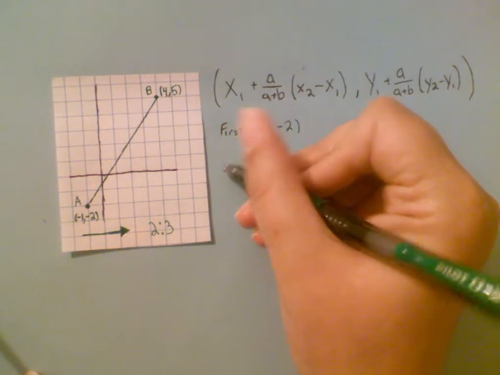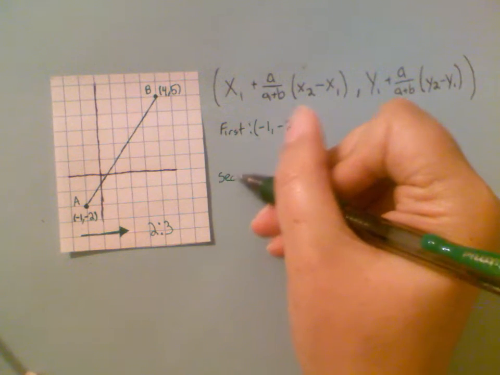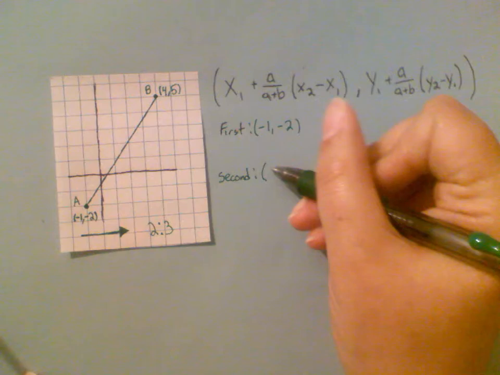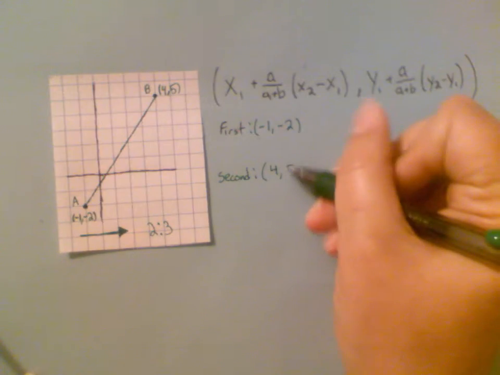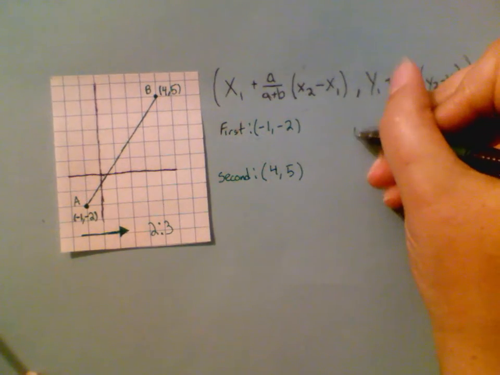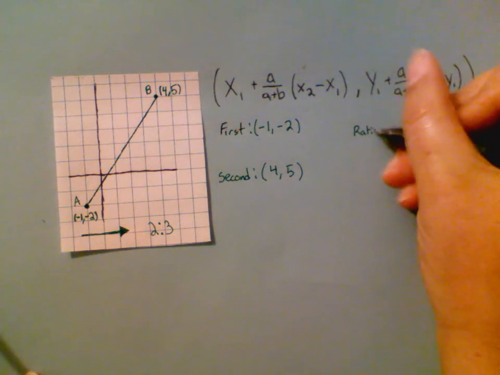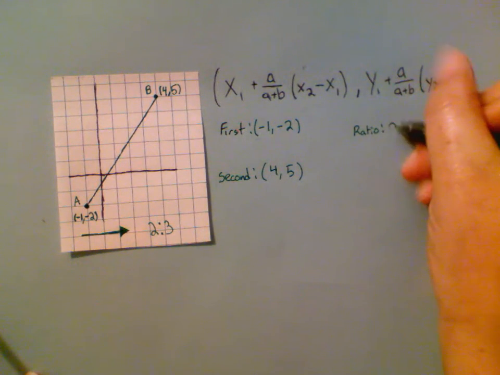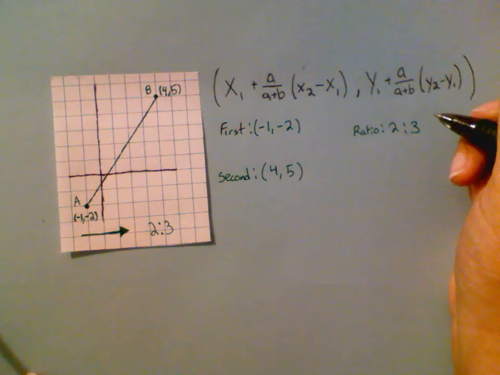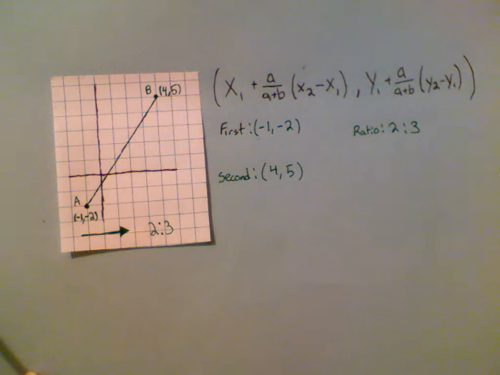Our second point is 4, 5. And our ratio is 2 to 3. So that's what we know right now. And then that gives us everything that we need in order to use the formula.